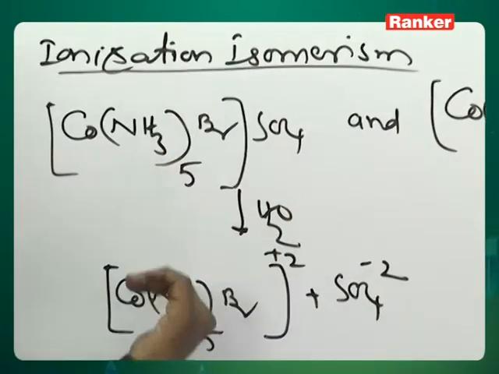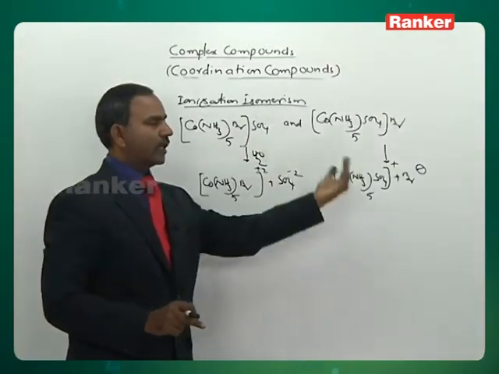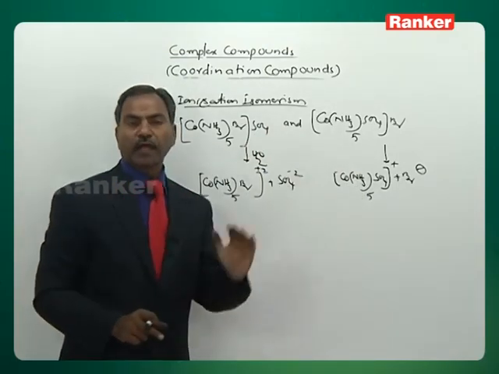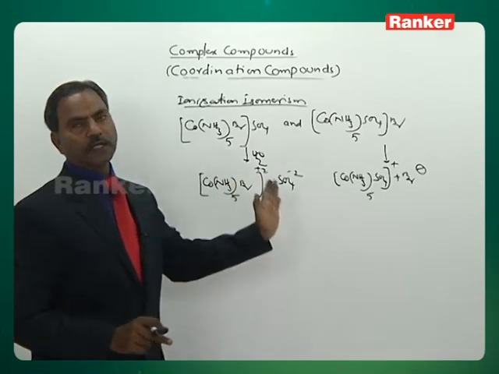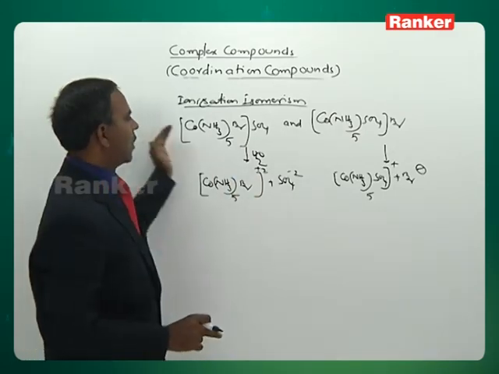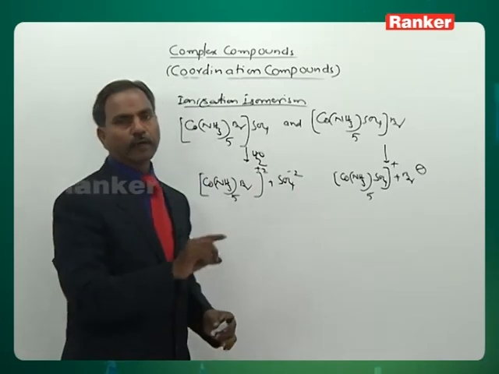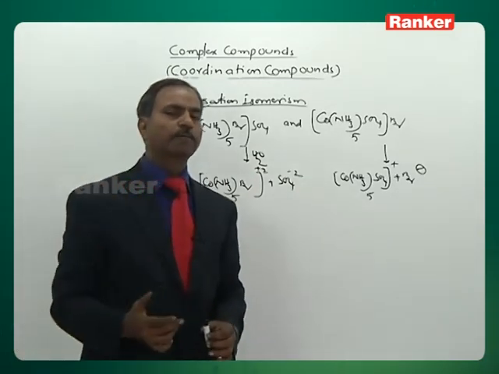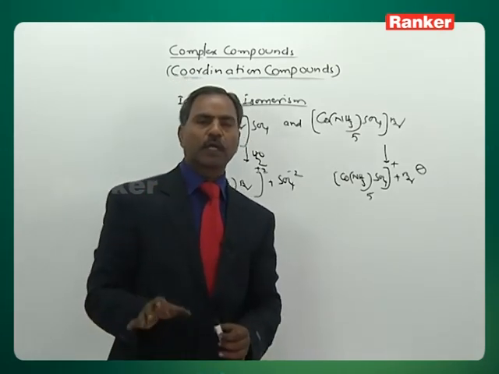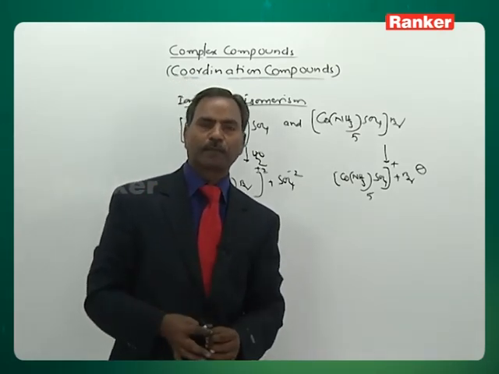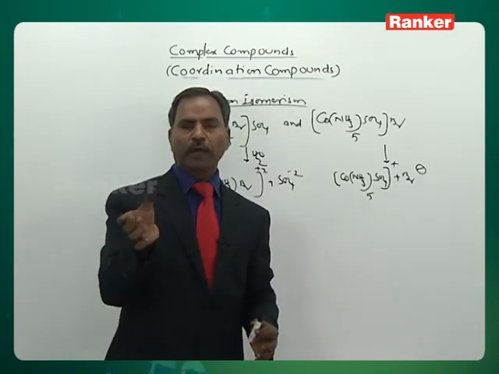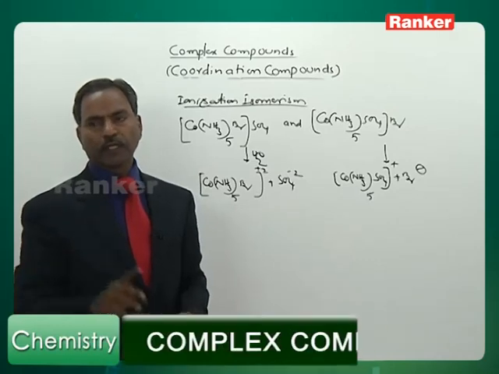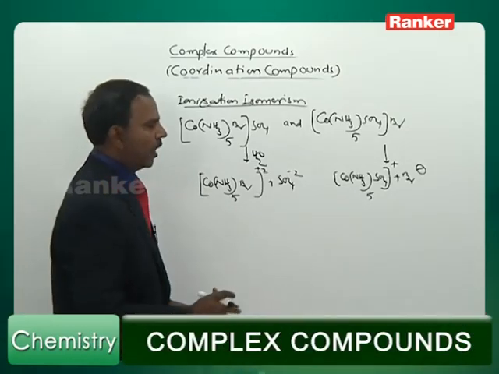The sulfate ligand has come inside, and bromide has entered outside the coordination sphere. By exchange of anionic ligands we get these isomers. Wherever you observe exchange of anionic ligands, you can say those exhibit ionization isomerism.